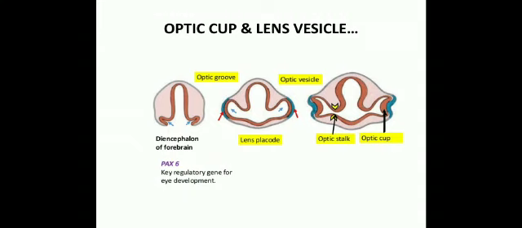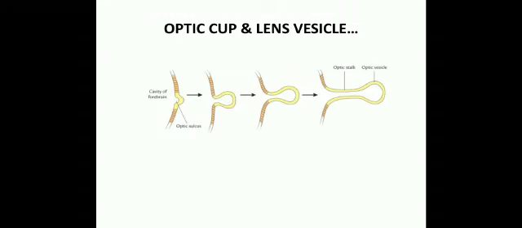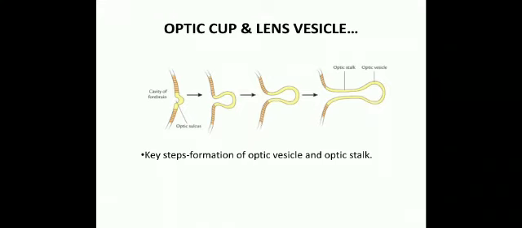The development of the eye is influenced by PAX6. It is the key regulatory gene for the eye development. So, the key steps are the formation of the optic vesicle and the optic stalk, which are neuroectodermal in origin.